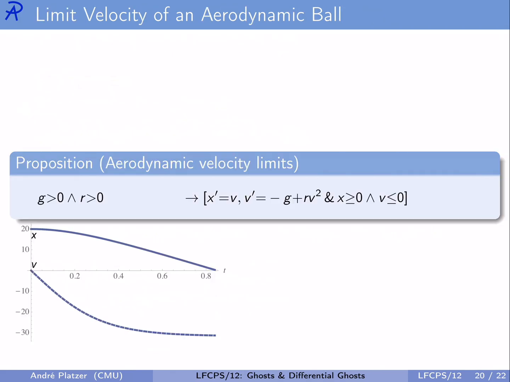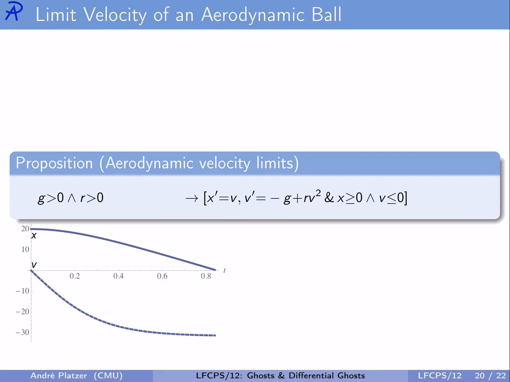Okay, let's put differential ghosts to more use, more than exponential decay and exponential climbing and so on, but they're semi-exciting only. For example, we can look at an aerodynamic bouncing ball property. Never mind the bouncing for now, because that's discrete dynamics that we already understand beautifully ever since the first part of this textbook.